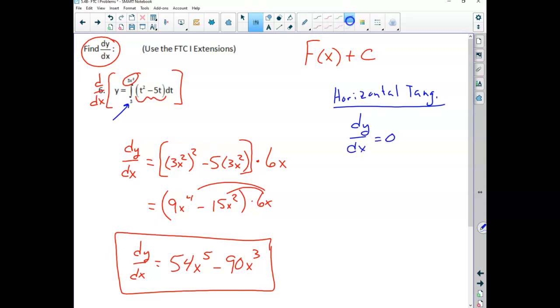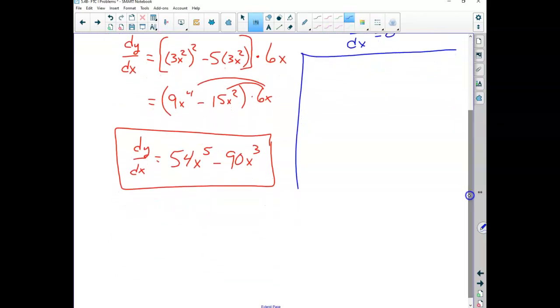So what would I do if I extended it? This is just kind of a fun little problem. I'd say, when is my derivative, 54x to the 5th minus 90x to the 3rd, equal to 0? And I would probably look at this.